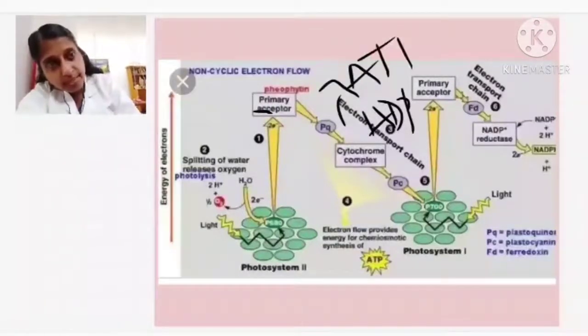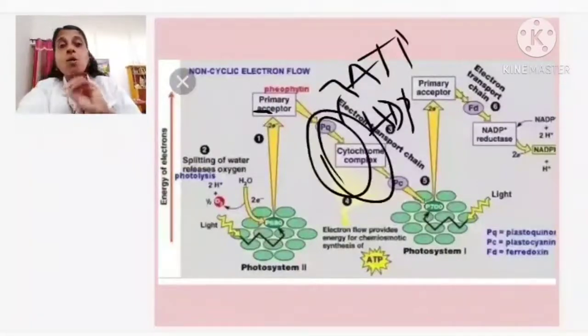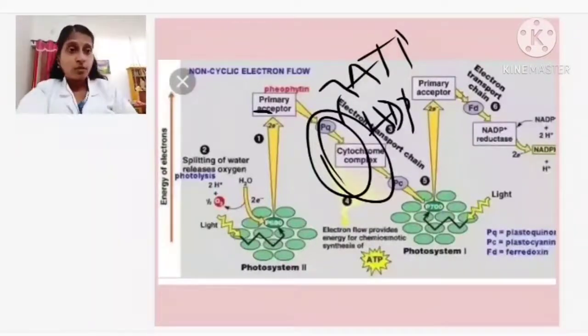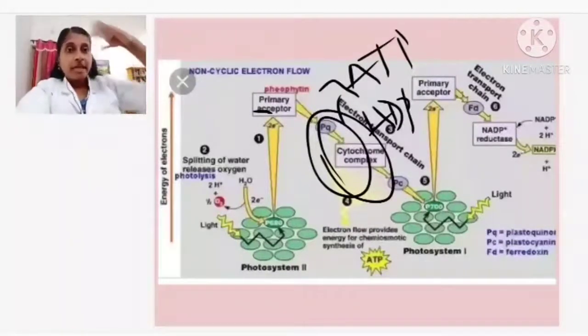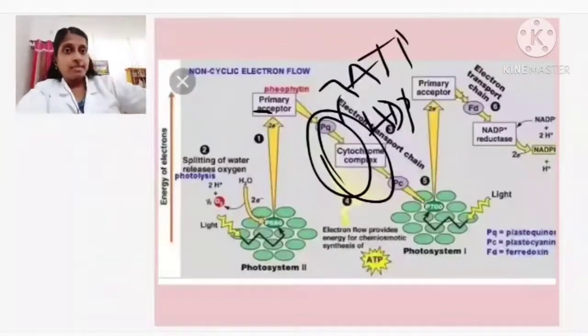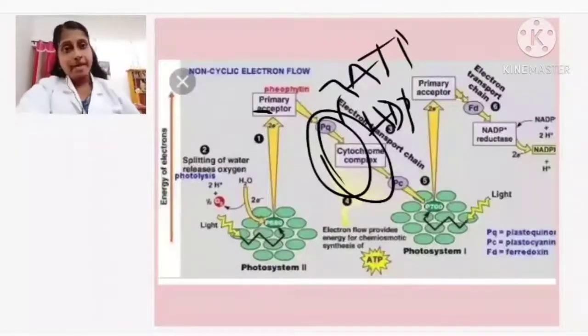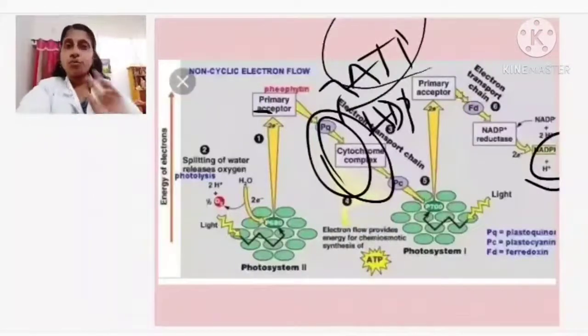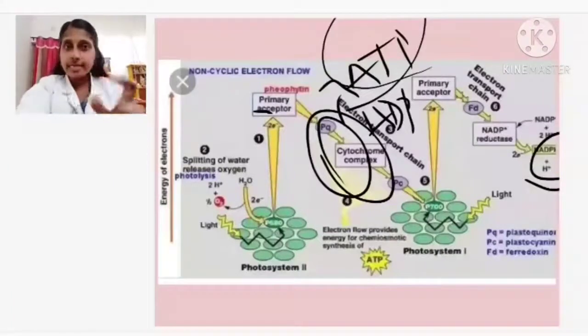Okay, so that is taking place in this place. Why is it taking place? Because when the electrons are moving downhill to photosystem 1, the energy which is released by these electrons is being trapped by ADP and it is getting converted into ATP. So here NADPH2 was formed, here ATP is formed. So two things are formed, one is NADPH2 and second one is ATP.